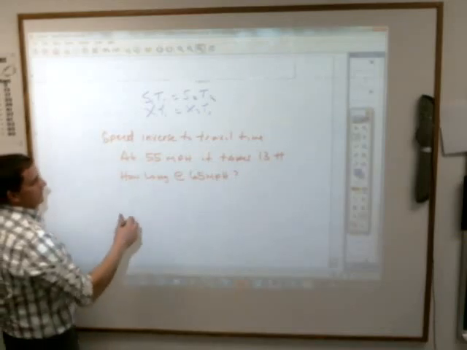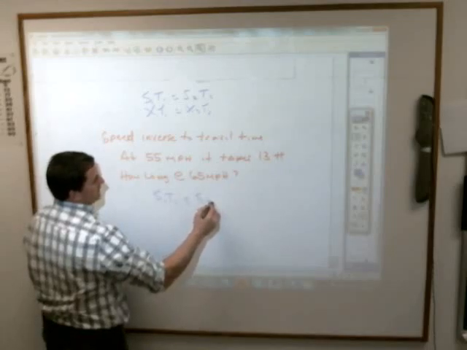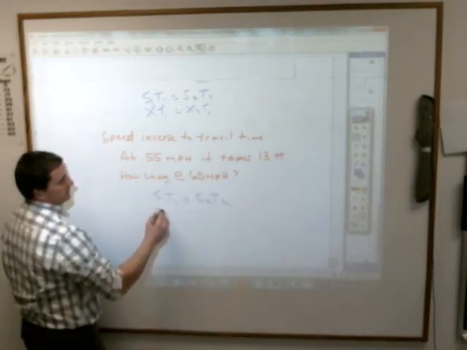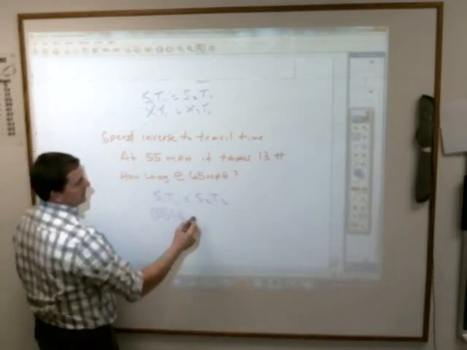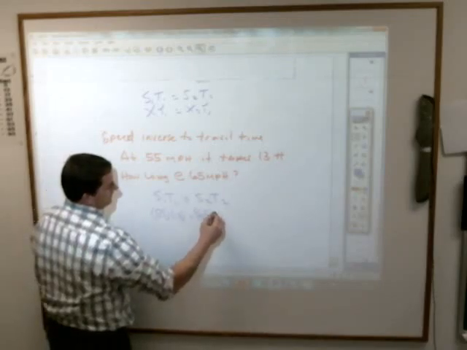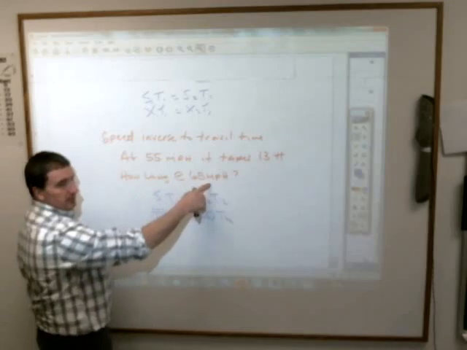You're going to get 55 as your speed. It takes 13 hours. That's going to equal 65 times what number? How long at 65 miles an hour?